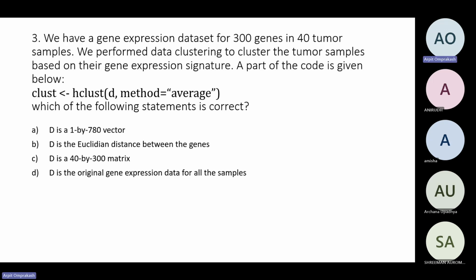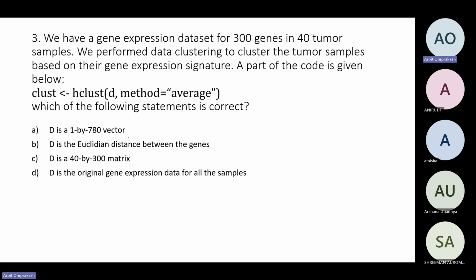The next question is, we have a gene expression data set for 300 genes in 40 tumor samples. We perform data clustering to cluster the tumor samples based on their gene expression signature. A part of the code is given below. clust is hclust(d, method = "average"). Which of the following statements is correct?